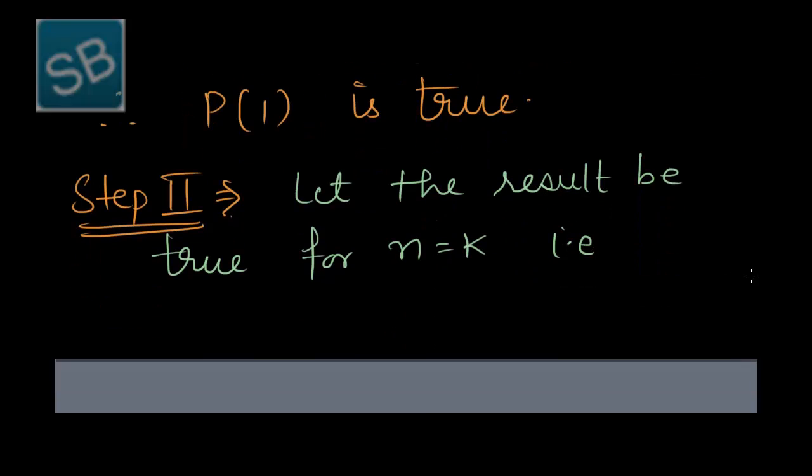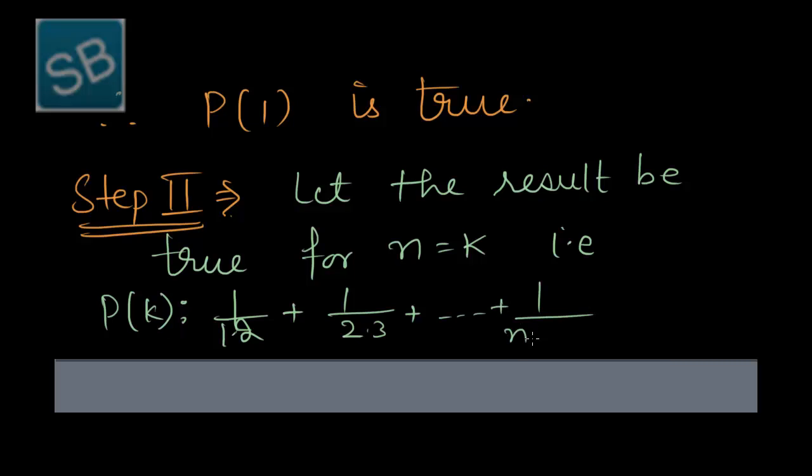That is, P of k is 1 over 1 into 2 plus 1 over 2 into 3 plus so on 1 over n into n plus 1 is equal to, replacing n by k, k over k plus 1, that is true. That means P of k is true. As P of k is true, that will imply that P of k plus 1 is true.